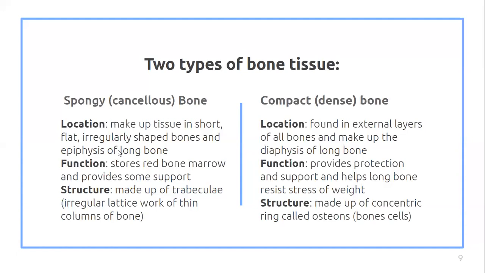We'll discuss what the epiphysis is later on. They're abundant, found in every kind of bone. Their function is to store your red bone marrow and provide some support. Your bones support you. They give you posture. They give you structure in your body.